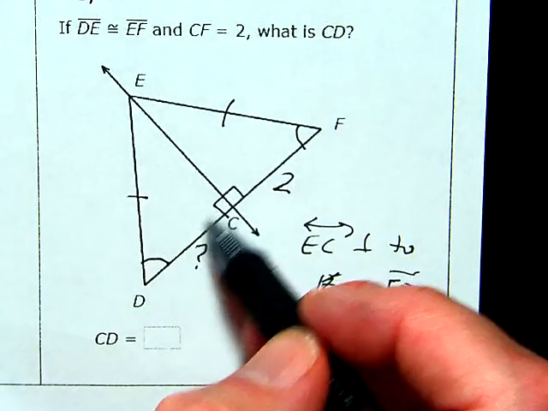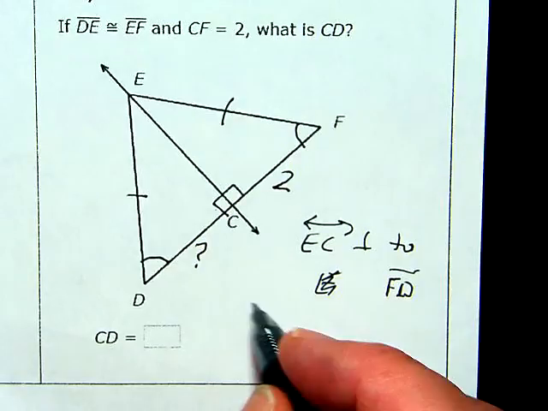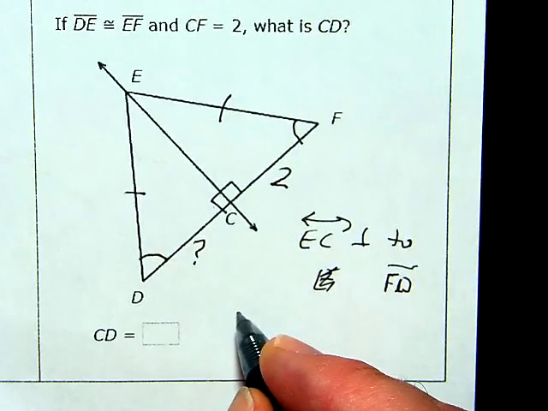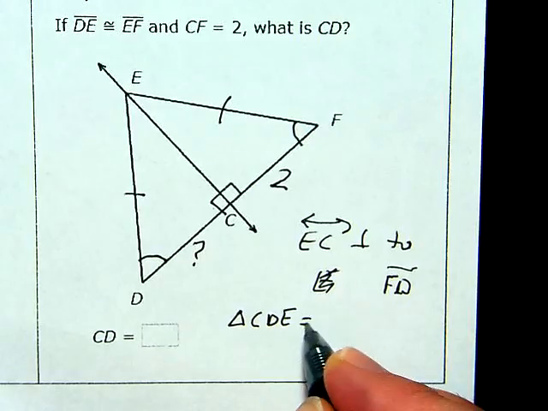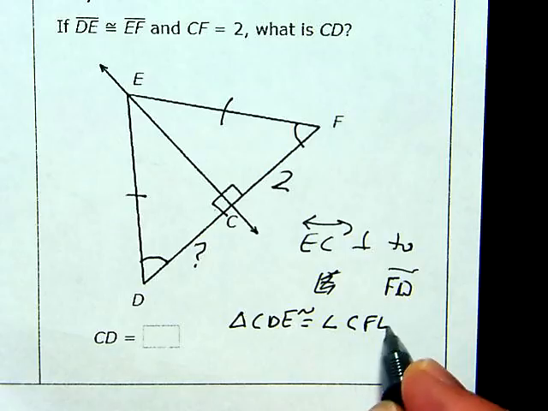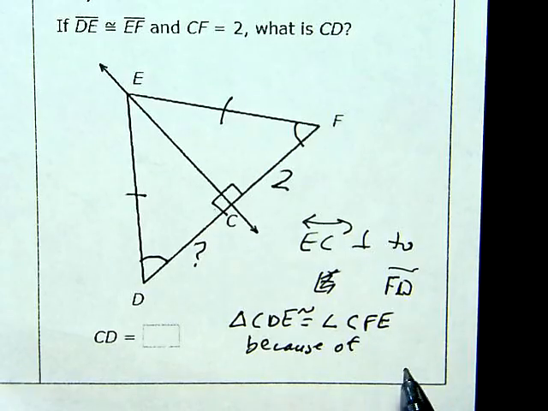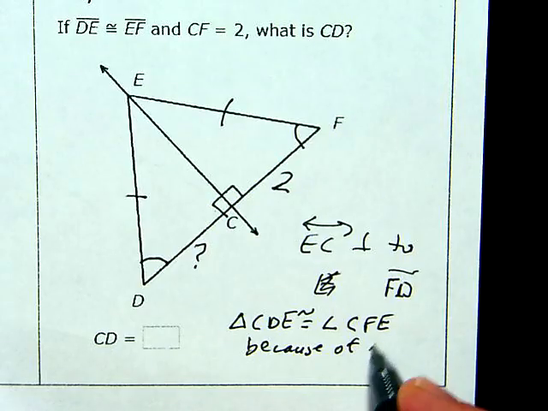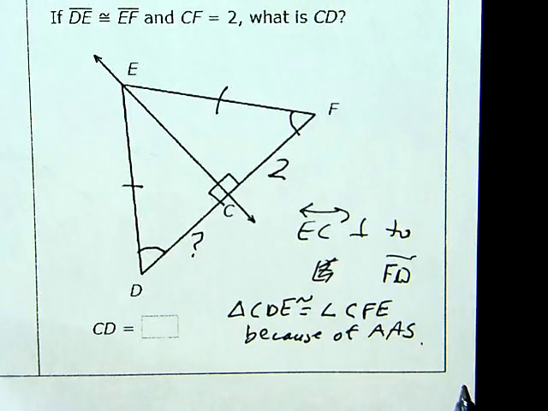And since we've got angle, angle, side, we know that the triangles are congruent, so we could make a statement that triangle CDE is congruent to triangle CFE because of angle, angle, side.